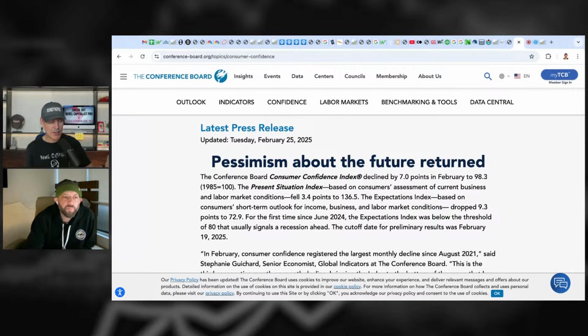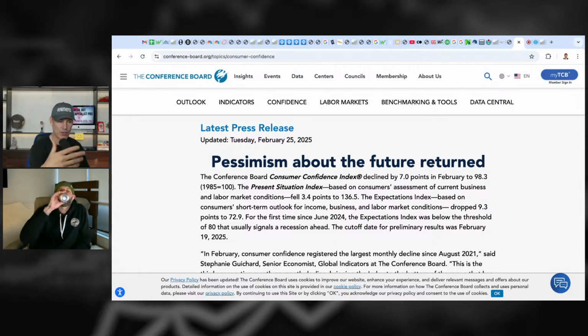This is just another data point. What's interesting too is the Conference Board index was going up. It was becoming more and more optimistic once Trump got elected. And then we just see this complete collapse. I think it could be that the honeymoon phase is over. A lot of people are looking at what DOGE is doing and saying, hey, this is great, we're making the government more efficient.